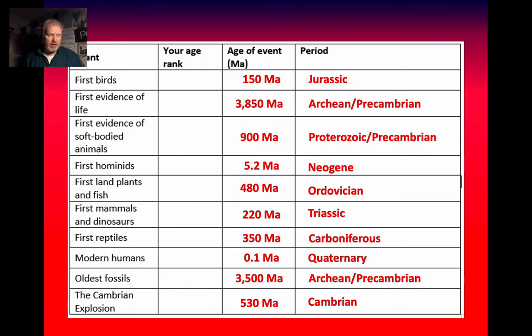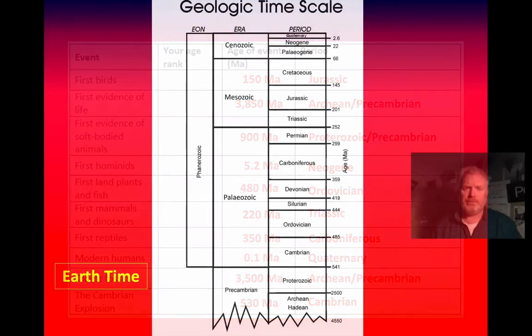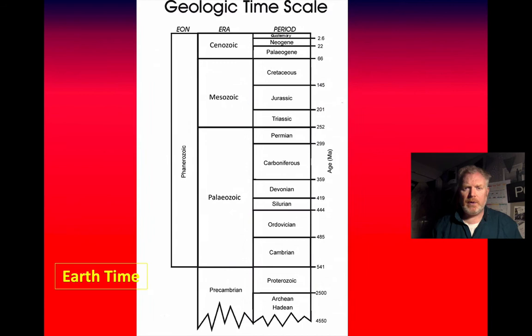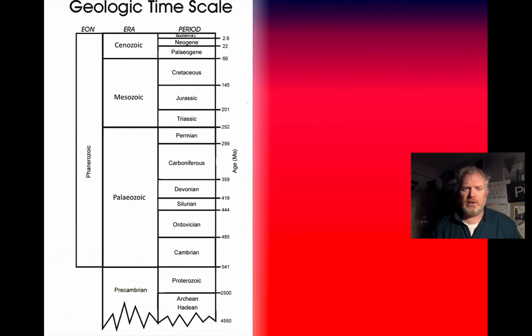You may also want to have a go at the digging deeper activity that goes with the geological column, piecing more of these extinction and evolution events into the geological timescale. If you've had a go at that, let's have a look at some of the answers. So, let's just sort this out a little bit.